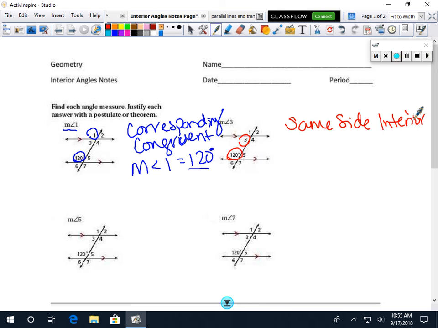And I know that same side interior angles are supplementary. Since they are supplementary, I can say 180 minus 120, which would give me 60 degrees for angle 3.